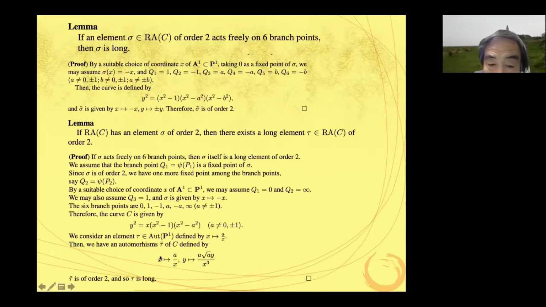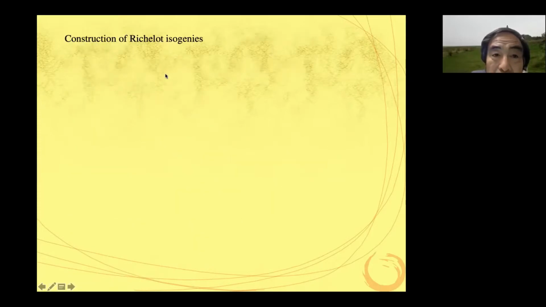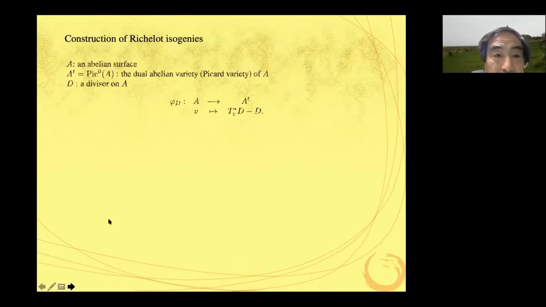Then this is an automorphism of C, and tau is of order 2. So tau is wrong. So if you have one element of order 2, then we can find a wrong element in the reduced automorphism group of C. Very easy.